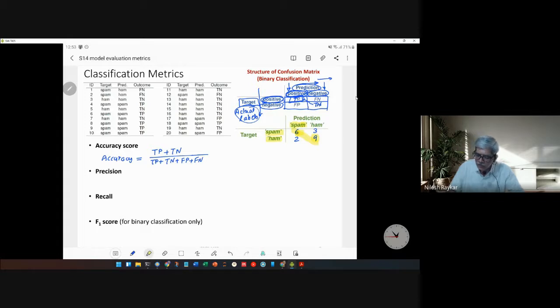So there are 9 spam mails, that is 6 plus 3, out of which 6 you are predicting correctly, and there are a total of 11 ham mails, out of which 9 you are predicting correctly.